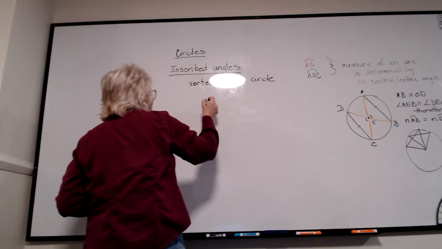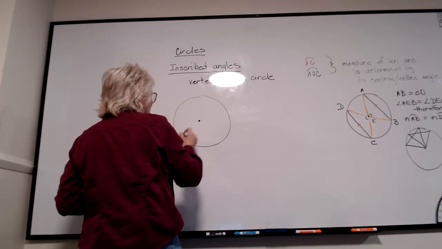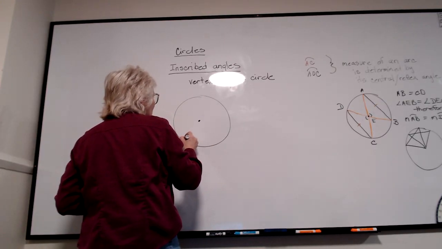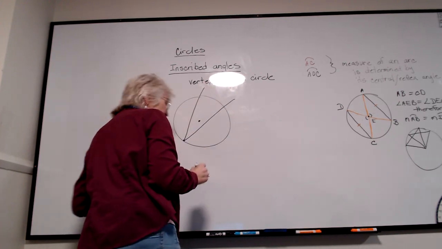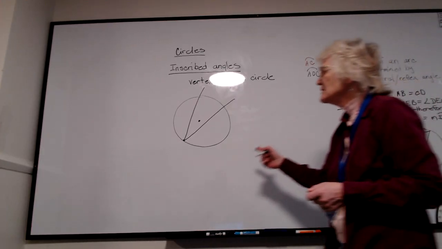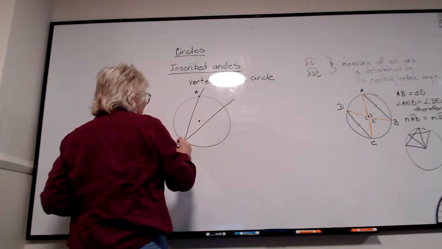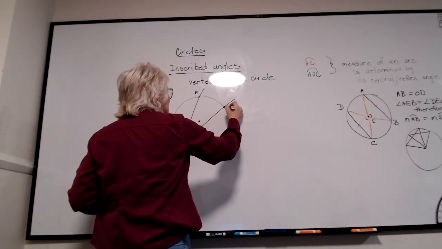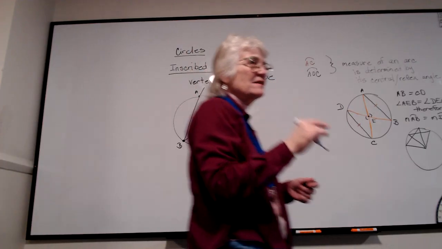That's what a vertex angle is. So if I'm looking at this, and here's my center, and if I put something here, and I go out like this, and I go out like this, okay, that is an inscribed angle, because here it goes A, B, C. Notice B, its vertex, is on the circle.